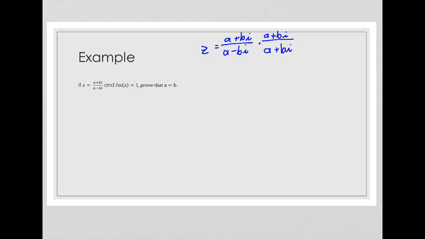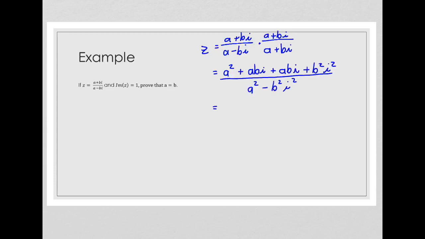So what do we get from this? In the numerator, I will have a squared plus abi plus another abi plus b squared i squared. All over, and then in the denominator I can see that it's a difference of 2 squares, so that's going to be a squared minus b squared i squared.